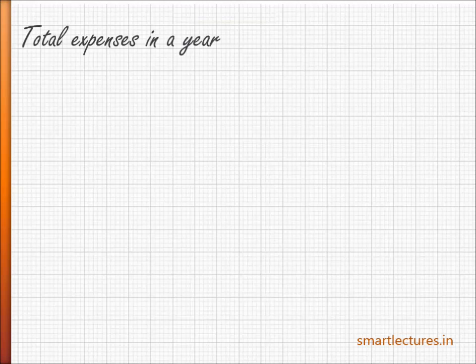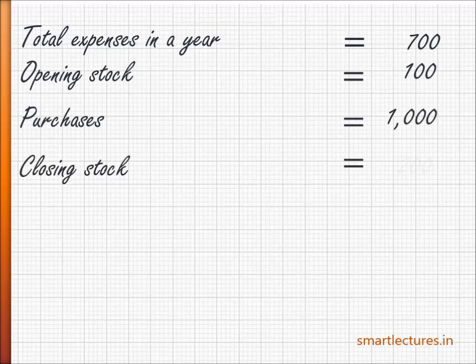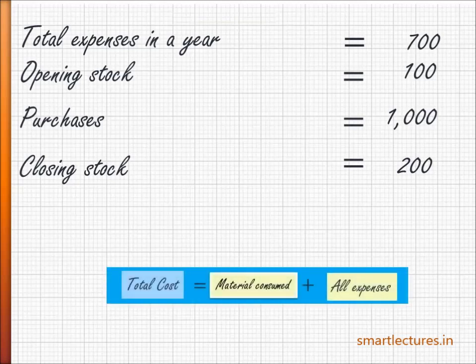Let's take another example. Suppose you had to spend rupees 700 during the year. Means your total expenses were rupees 700. In the beginning, opening stock was 100, purchases 1000, closing stock 200 and total expenses rupees 700. So what will be the total cost? Total cost is always equal to material consumed plus all expenses.